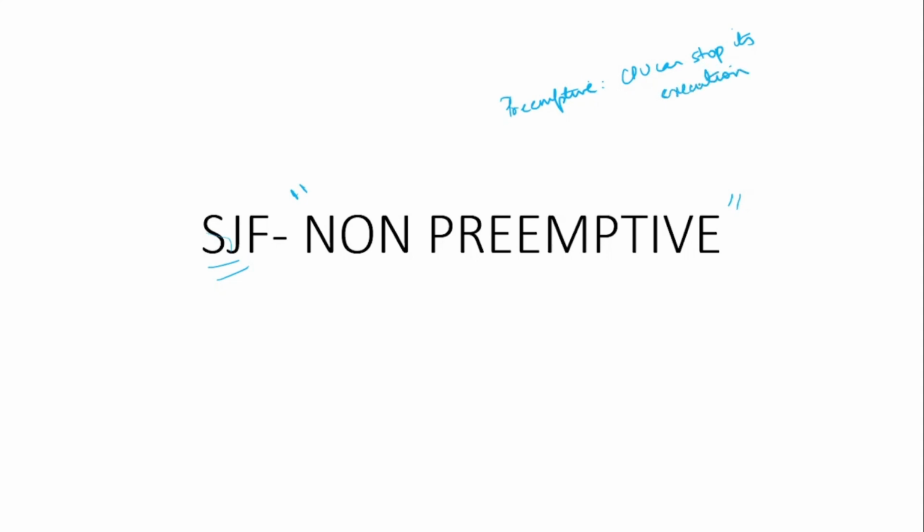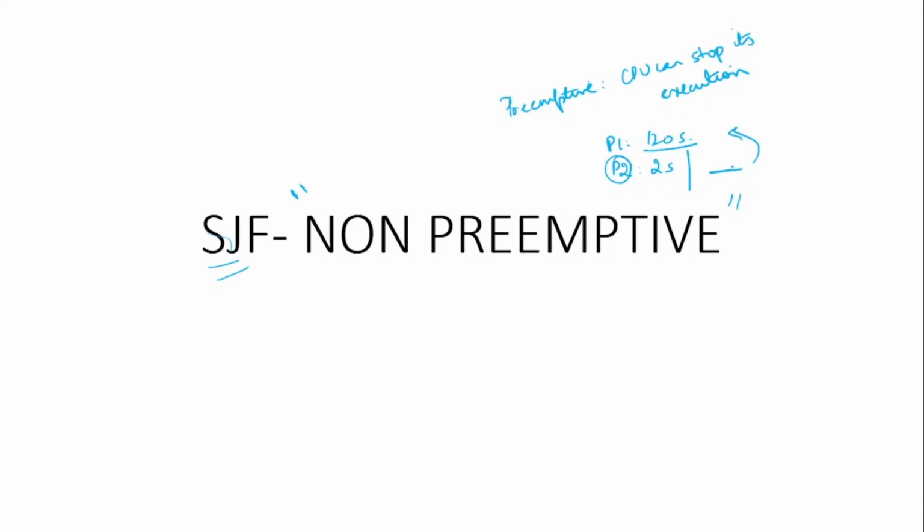Now the question comes, why would the CPU like to stop any process from executing? There could be many cases. Let's say there is a process P1 which needs maybe 120 seconds to execute, and there is yet another process P2 which needs only 2 seconds to execute. Let's say P1 is executing and P2, or any other important process, comes which needs immediate attention and needs the CPU immediately because it is on high priority.